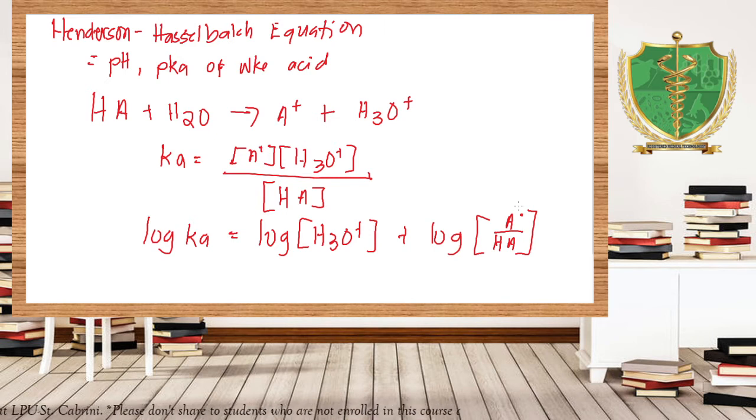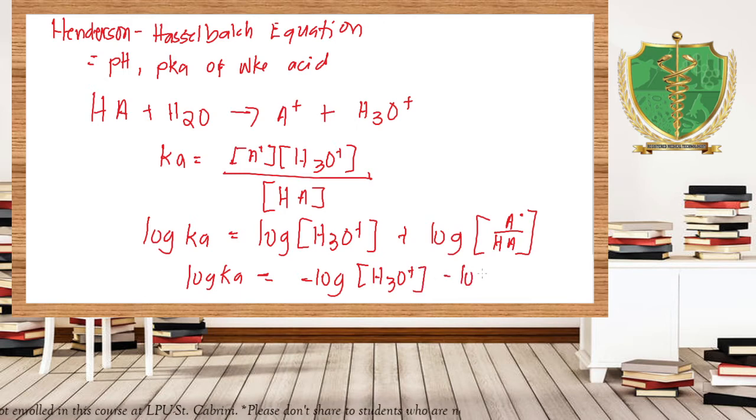Or simply, log Ka is equals to negative log of our hydronium ion, negative log of our A over HA.